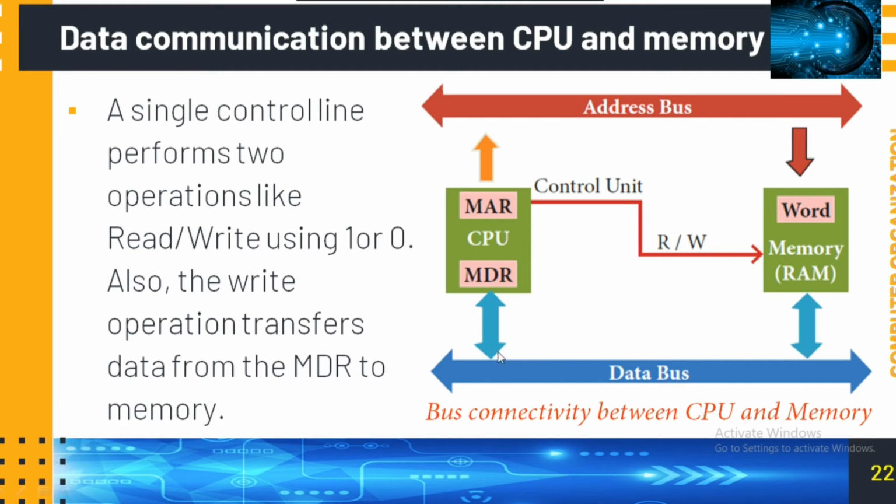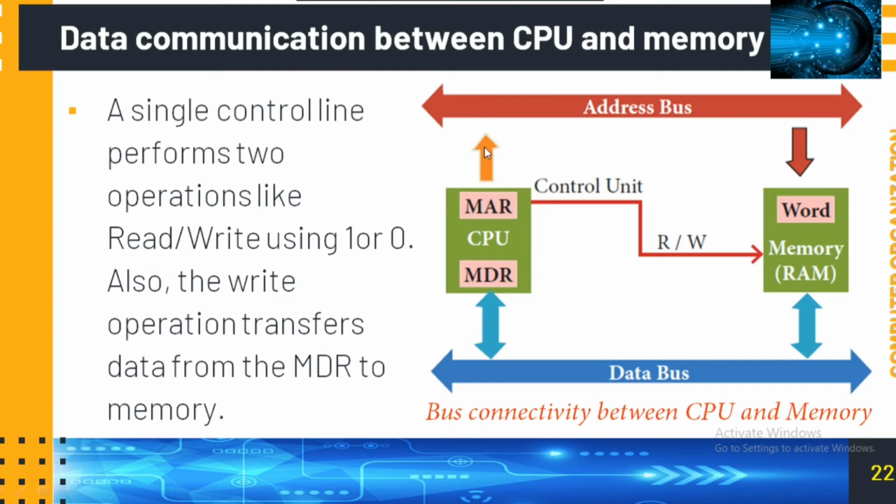We already know the data bus is bidirectional, that is, we are able to send data as well as retrieve data from the CPU or from the memory. The address bus is only unidirectional; we can send the address through the MAR to the memory devices.